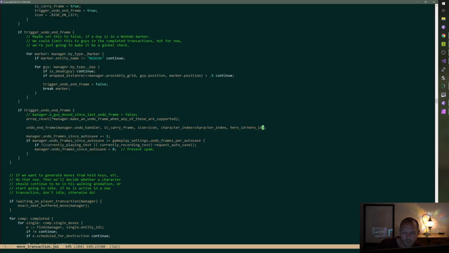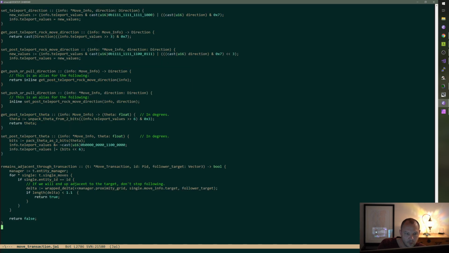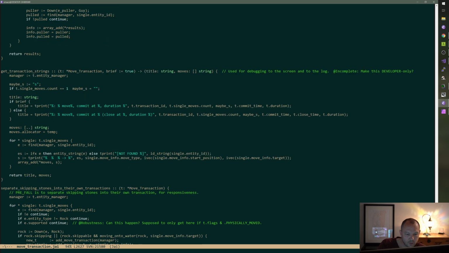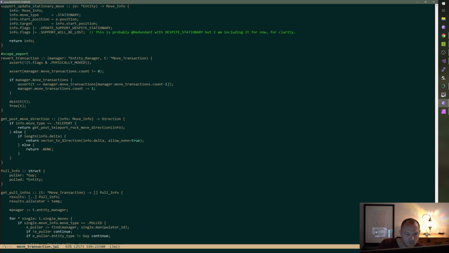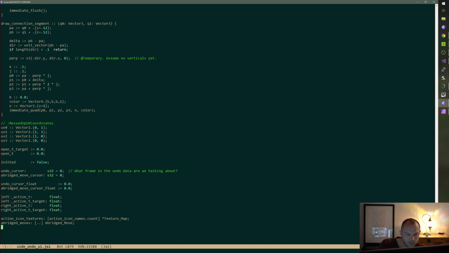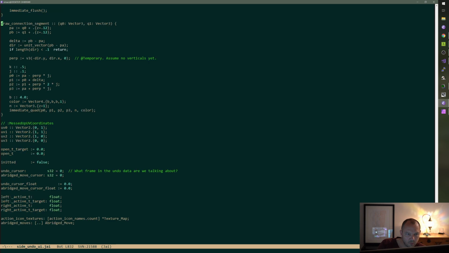Okay. So, when we do this thing, we're going to add some more parameters. What's it called? I'm in the wrong file. That's why I'm not seeing what I'm looking for. Draw connection segment. Starting dot. All right.